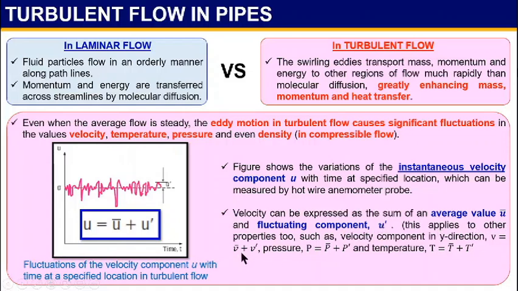This applies to other properties too, such as the velocity component in y direction, v equal to v bar plus v prime, pressure P equal to P bar plus P prime, and temperature T equal to T bar plus T prime. Depending on which properties you are looking for, for turbulent flow it is represented with two components, the average and also the fluctuating component.